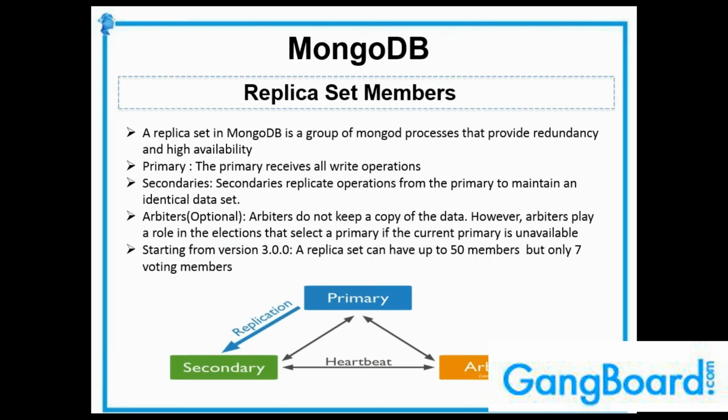As Saravanan said, why should I have one primary and two secondaries? I am ultimately wasting one node. I'm spending more money on one node which is not even used. The availability comes, but again it's a rare scenario, right?